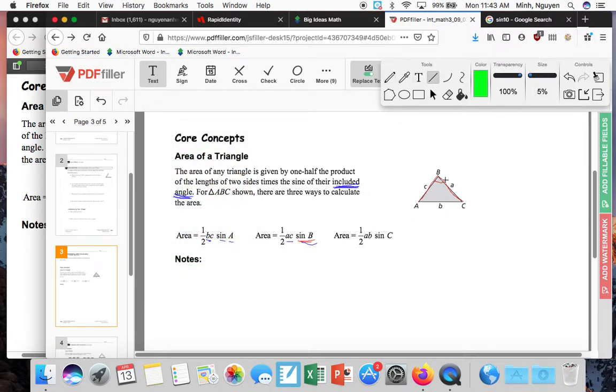We have A, B, and then the included angle is C. So in this context, the included angle basically means the angle between the two sides that are given. This angle is between these two sides, and angle A is between sides b and c.